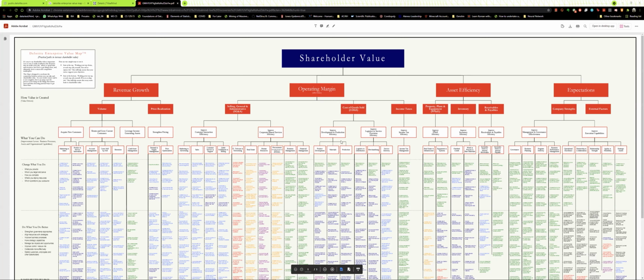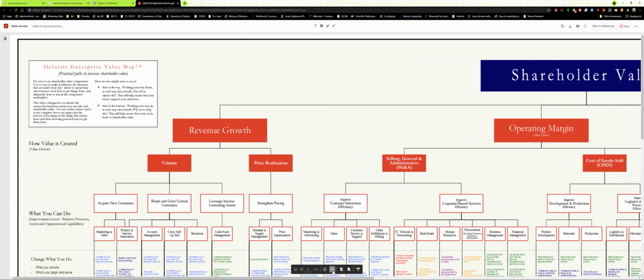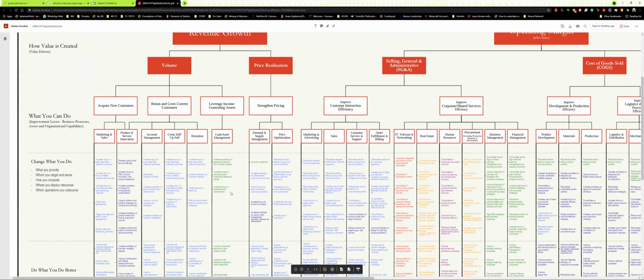If we focus on one area, let's say improving the revenue, ito yun nasa screenshot na pinakita ko.